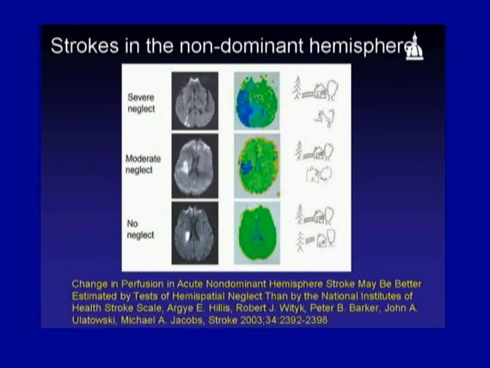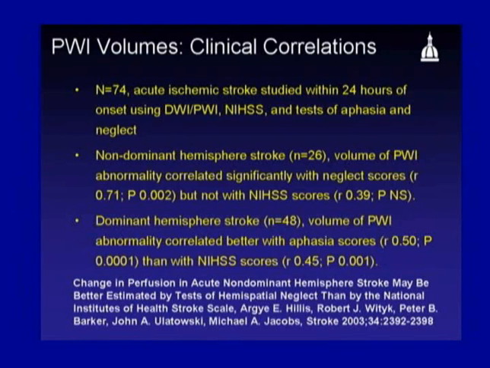And then this patient here, again with a small infarct on diffusion imaging, but with this large area of hypoperfusion, is basically completely unable to replicate the picture. So this is kind of a busy slide, but the summary of this is that perfusion imaging correlated much better with these clinical measures than did diffusion imaging.